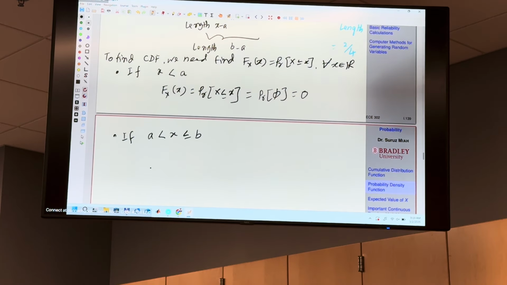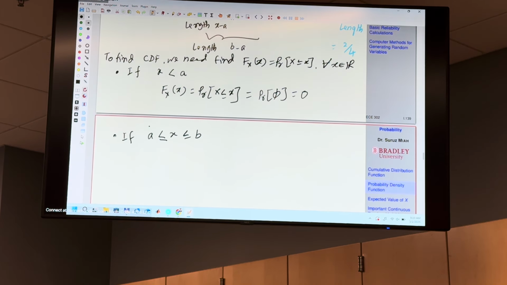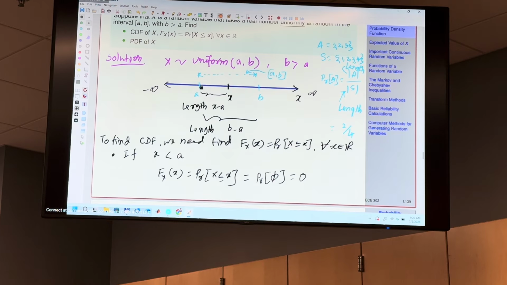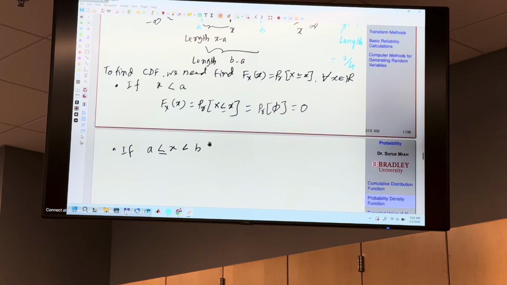Here I put a less than x, less than or equal to b. So in that case, x is any value in between, and therefore you should have a probability.